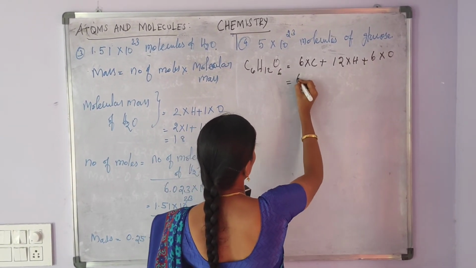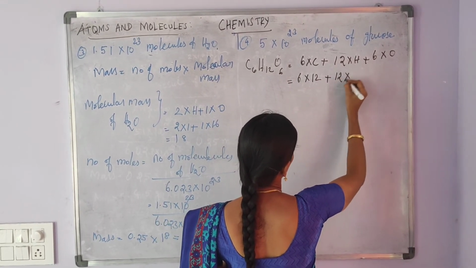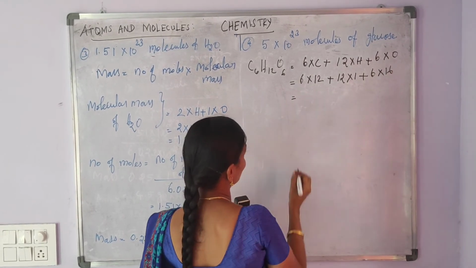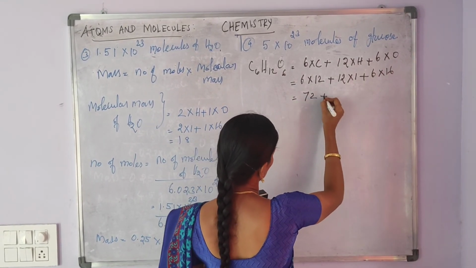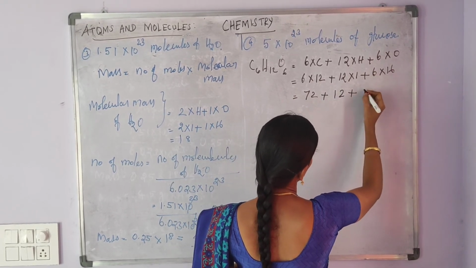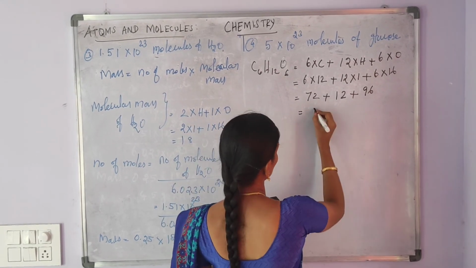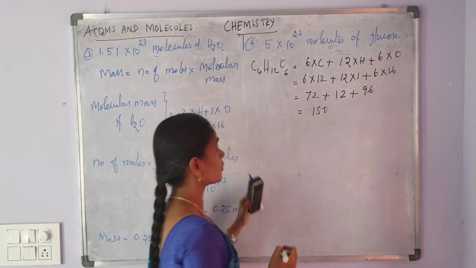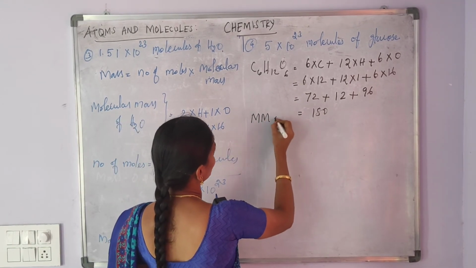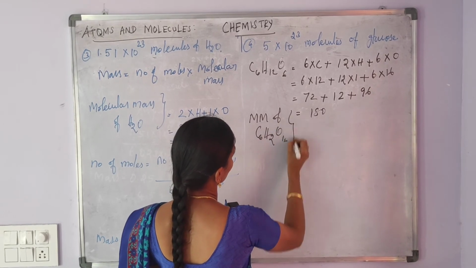Substituting these values, 6 into 12 plus 12 into 1 plus 6 into 16 is equal to 6 into 12 is equal to 72 plus 12, 6 into 16 is equal to 96. Okay, by adding these values we get the answer is 180. So molecular mass of the glucose is 180.